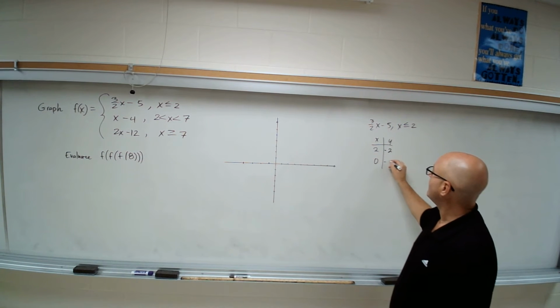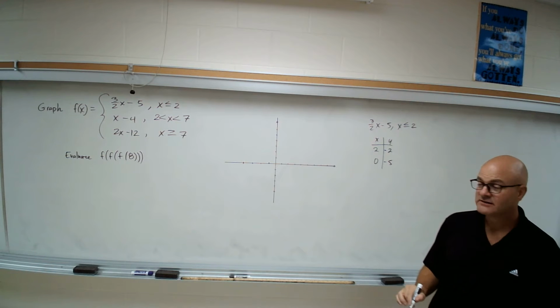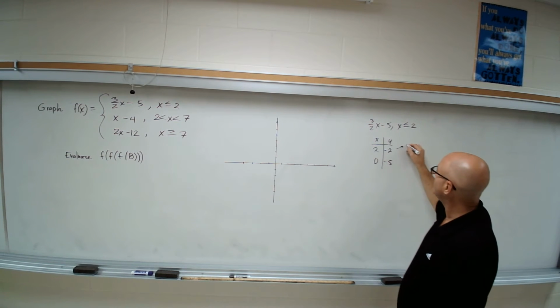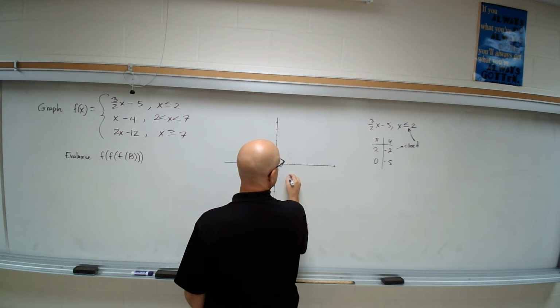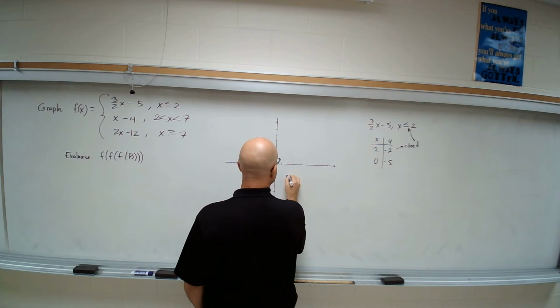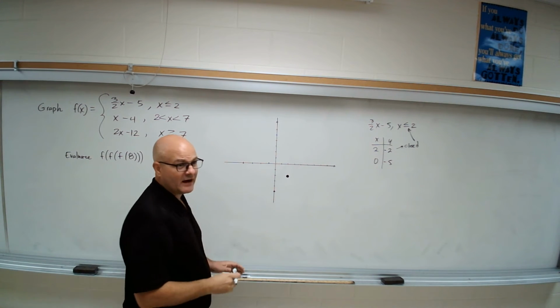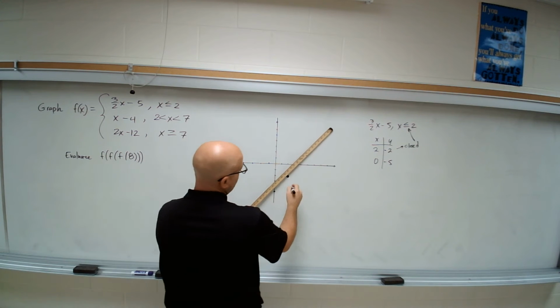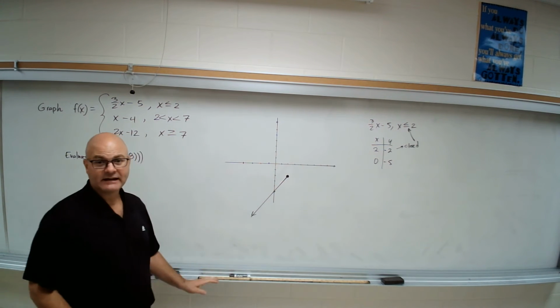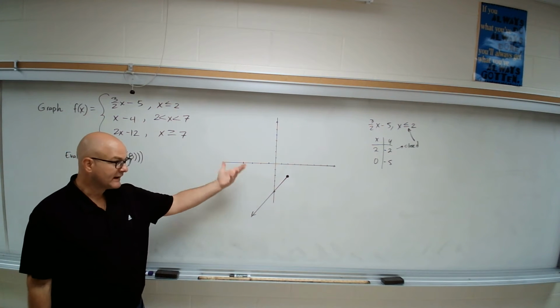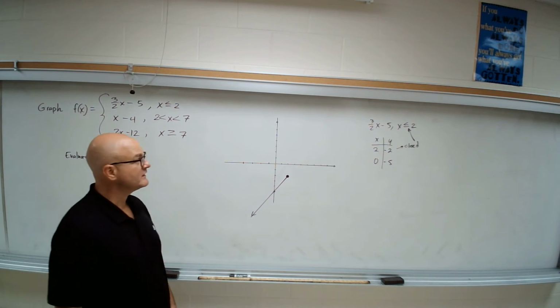If we put 0 in, we get -5. So again, this is a closed circle because of the equal part there. So 2, -2 is a closed circle, and then 0, -5 is just another point. So there's that. Again, it's going to the left. The arrow indicates it's going to keep going to the left.